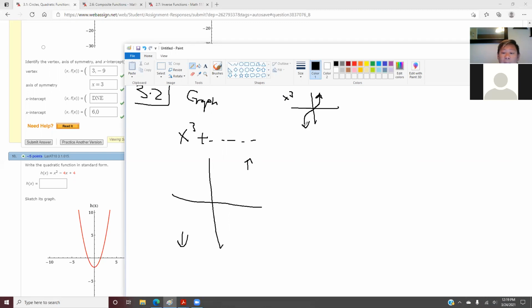It goes up and up. Same thing happens when I go from x cubed to x^5, x^7, x^9. I don't care what is behind it. Your end behavior will look something like this. Now, what happens if you have a negative in front?